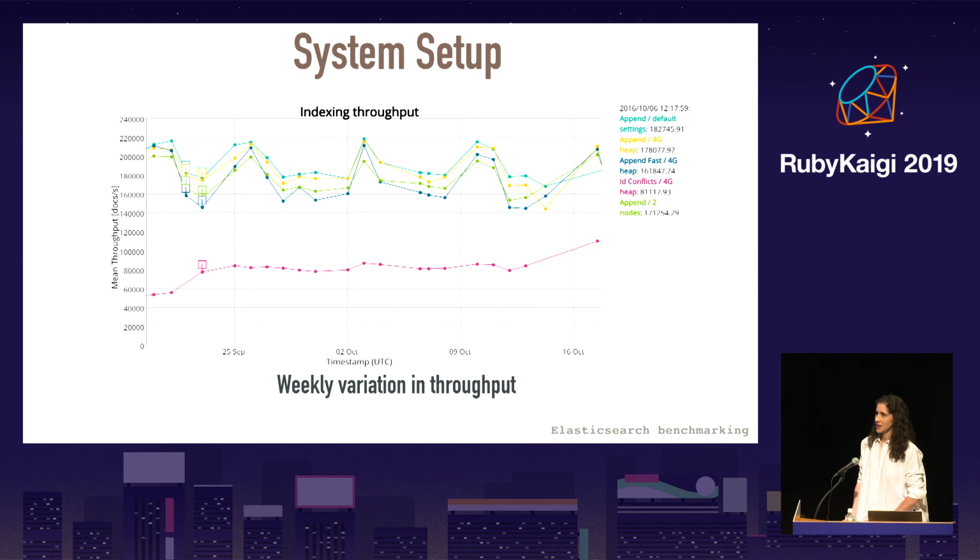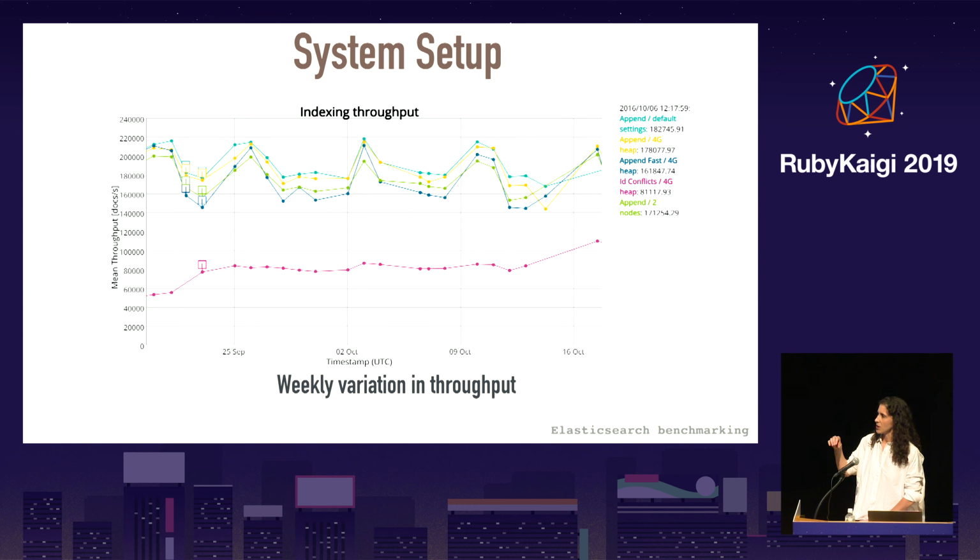In particular, Rally did a lot of the hard work for us and learned the hard way for us, essentially. This is taken from Daniel's blog post and presentation, but this is an example of when system setup is not consistent, it can really affect what kind of numbers you get from your benchmarking. In this case, he found that the benchmarking results were quite varied and consistently varied.